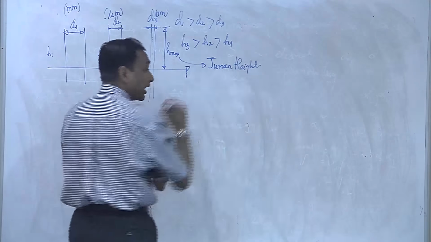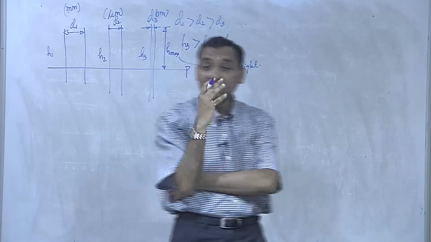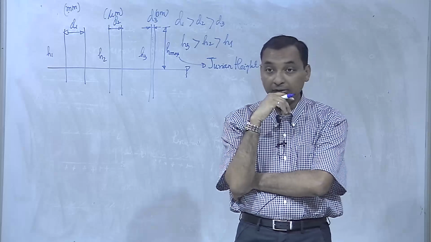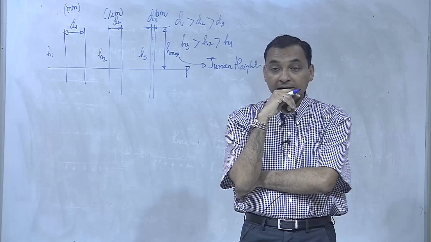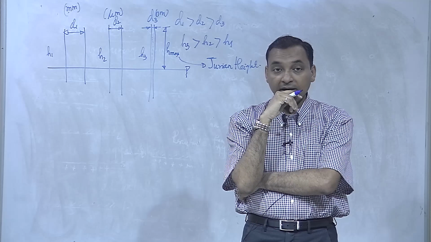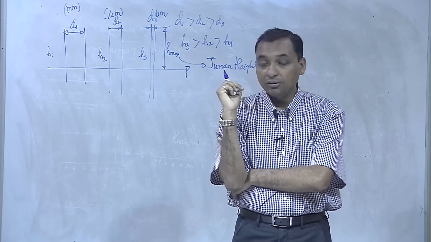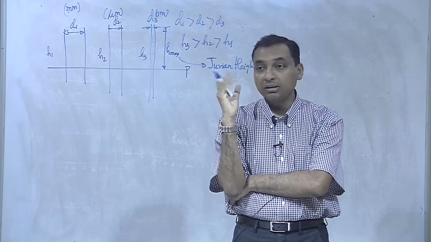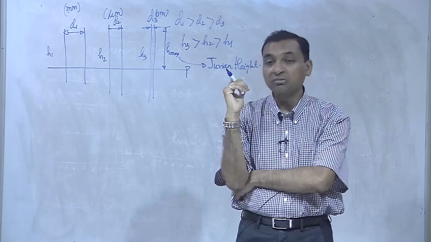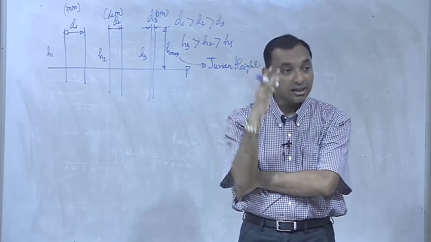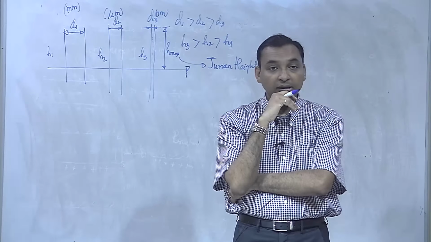So one can calculate the maximum height to which a liquid will rise. For example, if I take a capillary of size maybe 100 micron, and I know the Jurin height, maybe say 5 millimeter or something, I can calculate and find it out, right?